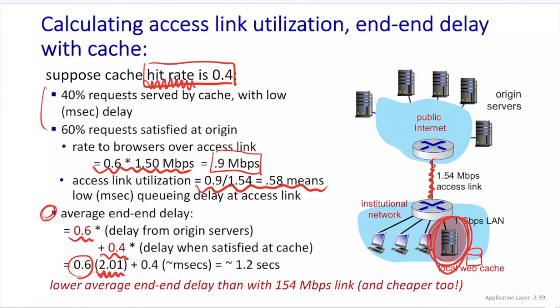And 40% of the pages don't have to go to the internet. The web cache can serve the clients. So that part of the pages only needs several milliseconds, and they can be served by the local web cache. So on average, it is 1.2 seconds. So if you establish a local web cache in your LAN, it is cheaper than, for example, buying 100 times the bandwidth.